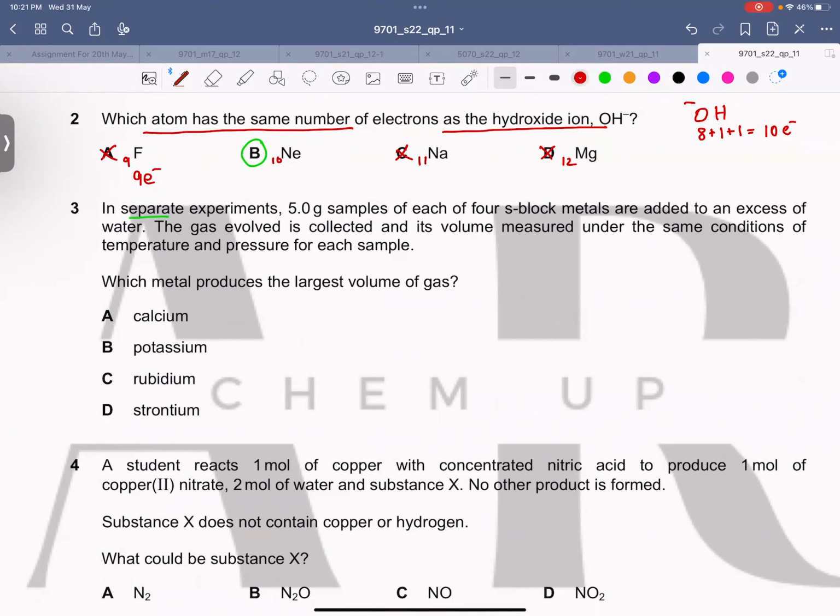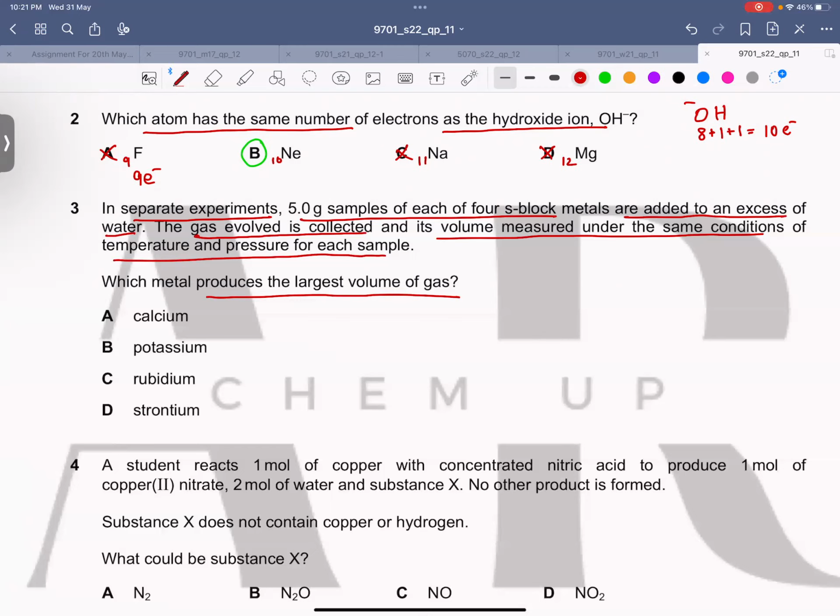Now question number 3. In separate experiments, a 5 gram sample of each of 4 s-block metals is added to an excess of water. The gas evolved is collected and its volume measured under the same conditions of temperature and pressure for each sample. Which metal produces the largest volume of gas?